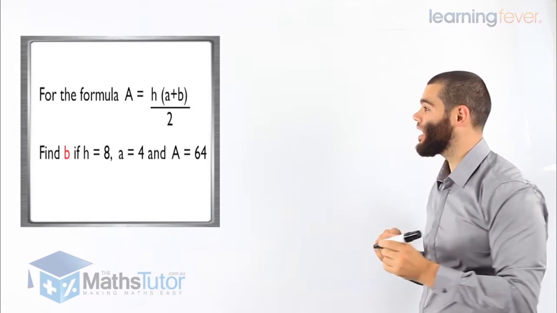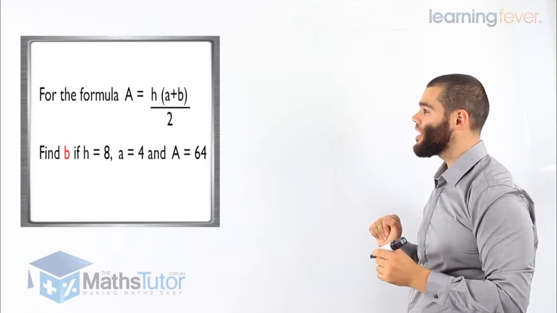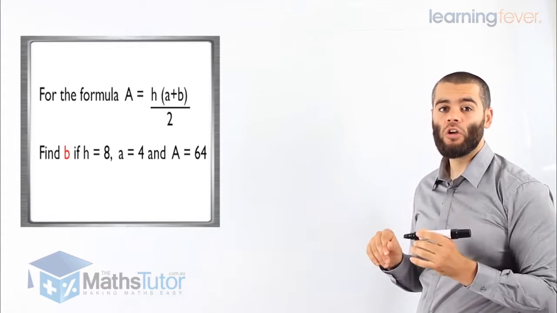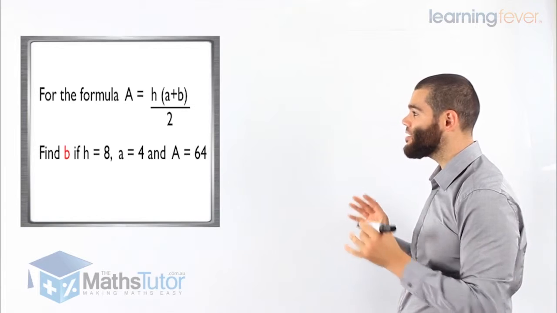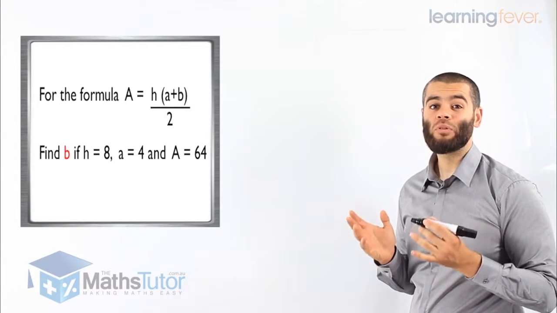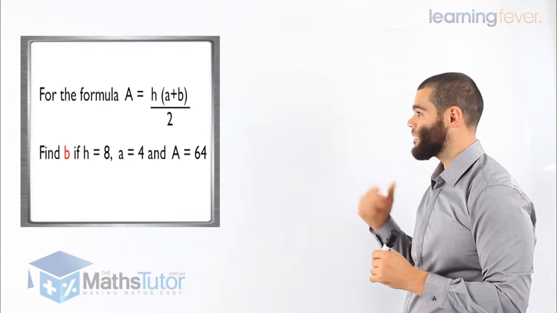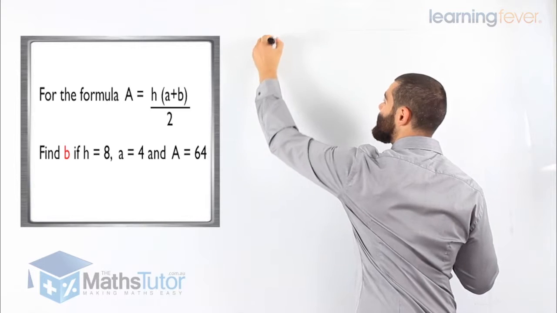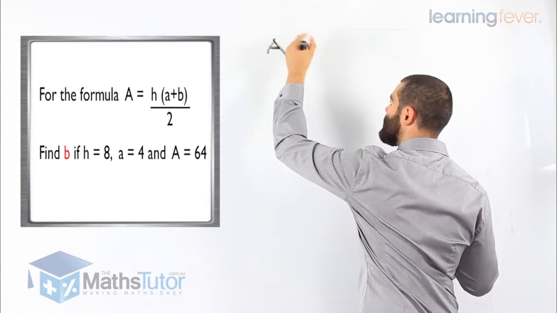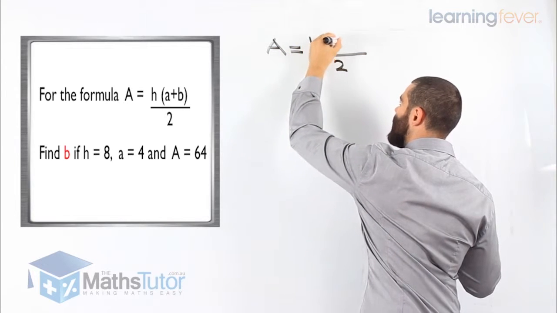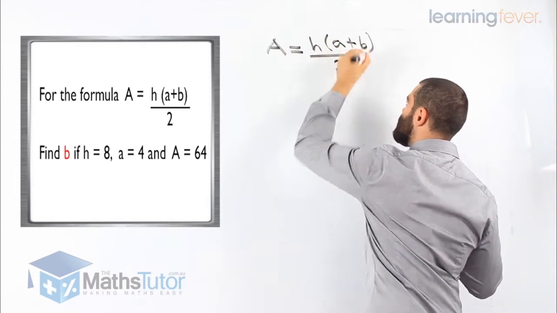Okay, our last formula. A equals h, open bracket, a plus b, close bracket, all over 2. We are asked to find b. If h is 8, a is 4, and capital A is 64. We know capital A stands for area. So let's write our formula first. H and a plus b.